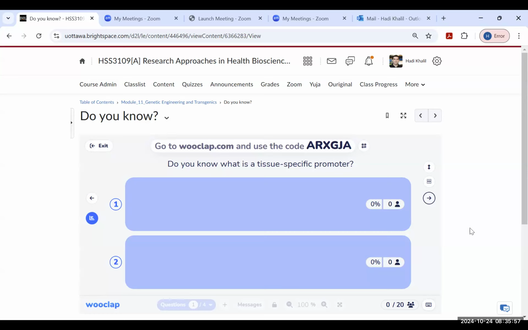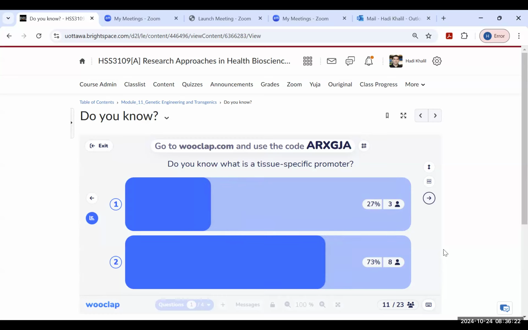So sorry, Professor, but at least on my end, it doesn't say which one is yes and which one is no. Okay. I don't know what happened. I probably have written it but didn't save it. Let's say the first one is yes, 2 is no. Tissue-specific promoters.